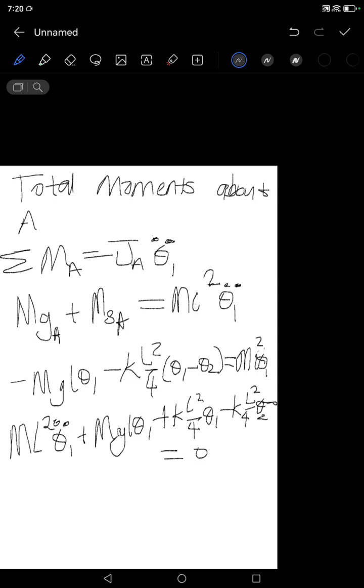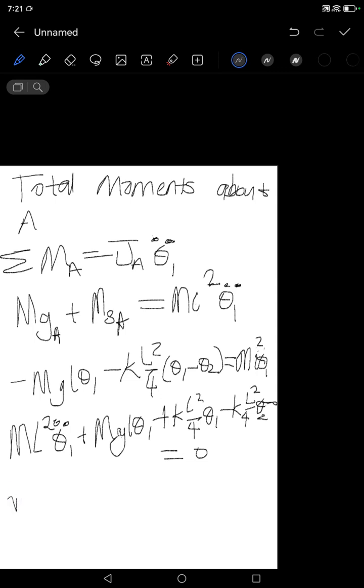We have ml squared theta dot dot 1 plus mgl theta 1 plus kl squared over 4 theta 1 minus kl squared over 4 theta 2. Here you can see we have theta 1 and theta 1, so we can take out the common factor of theta 1.